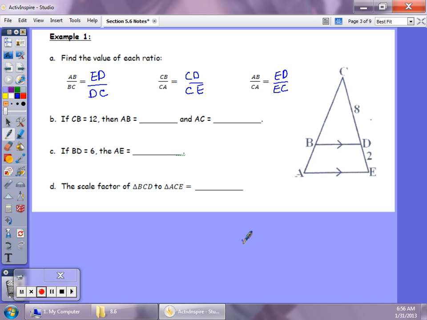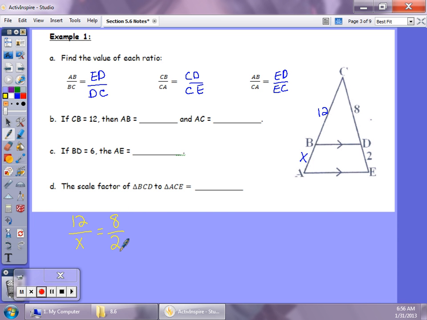For B, we are given that CB equals 12, and we are trying to find what AB is. So we're going to call that X. What we're going to do is set up a proportion. I'm going to take CB over BA, which is 12 over X, and set that equal to CD over DE, which is 8 over 2.